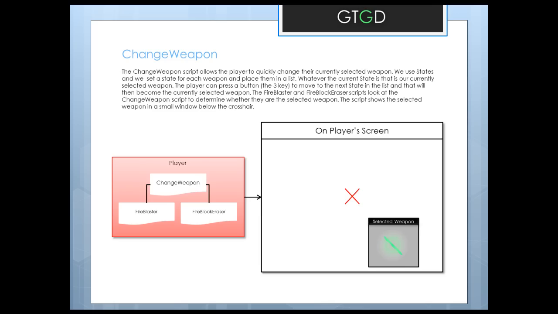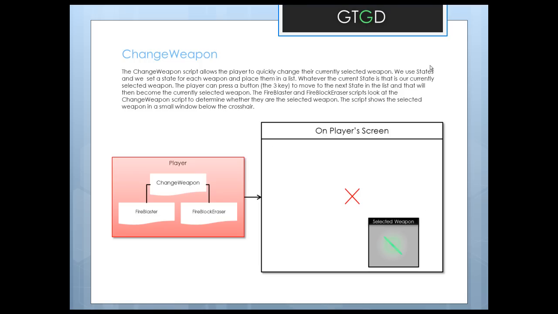So I'll just briefly describe that. This change weapon script allows the player to quickly select their weapon. They just press the 3 key, or whatever key you choose, and you'll cycle through your weapons. Currently we just have two weapons, the blaster and the block eraser, so it'll just cycle between two weapons. What it does is that this change weapon script is making use of states.